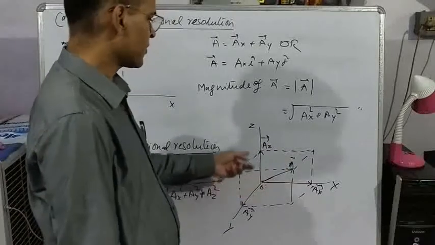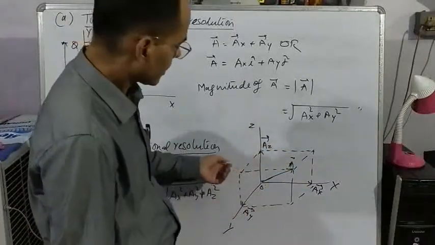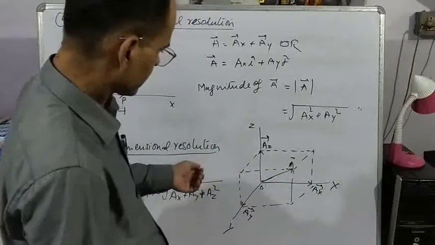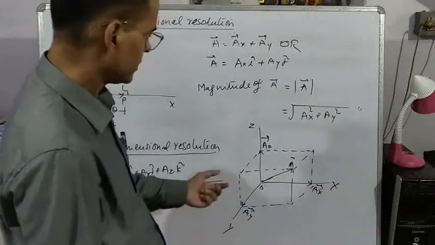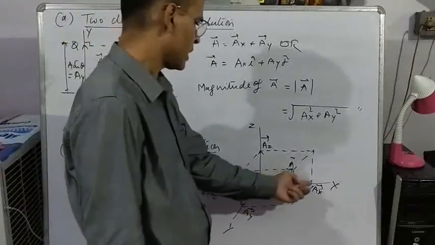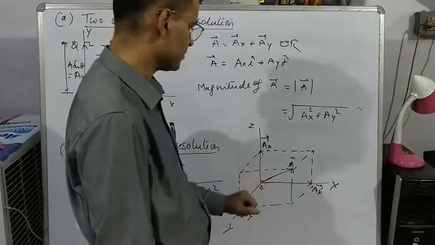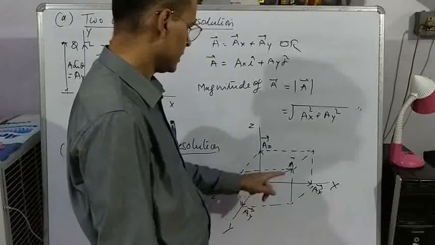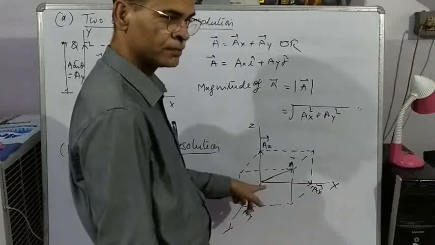These components are forming space. You just consider a room of length AX, breadth AY and height AZ, and A is the diagonal of that room.